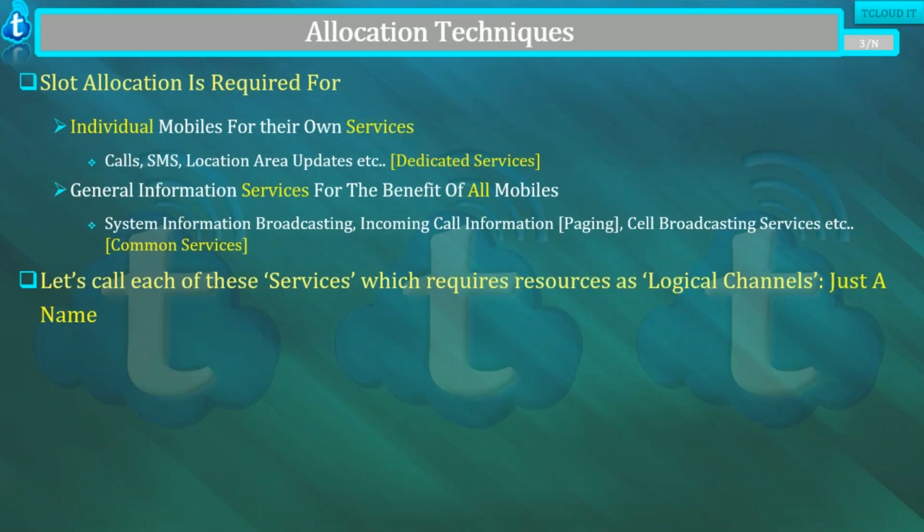Now we are going into the next level concept. Let us call each of these services which requires the resources. I hope now you understood what is the meaning of a resource from GSM point of view. From GSM point of view, a resource is nothing but a time slot. Your TDMA slot is a resource in GSM.